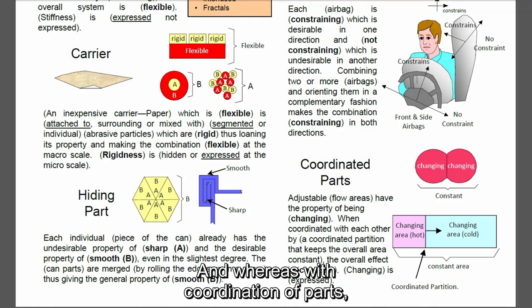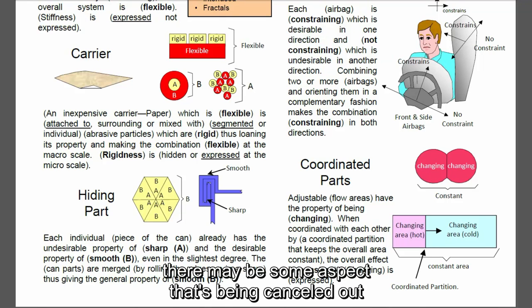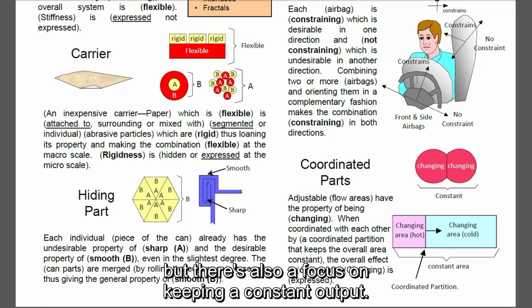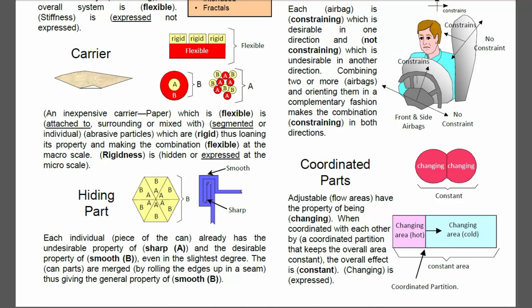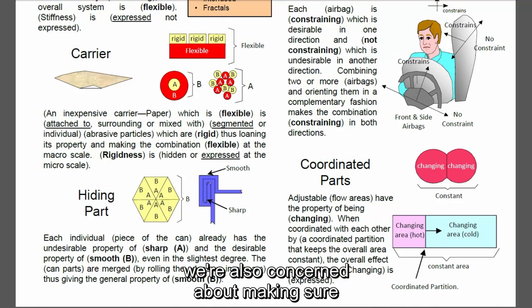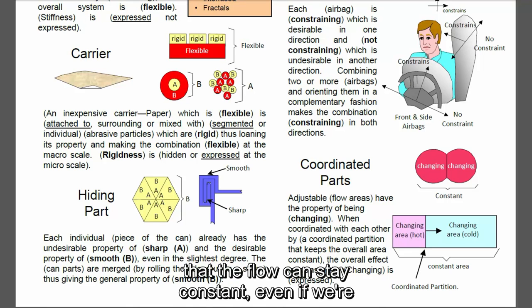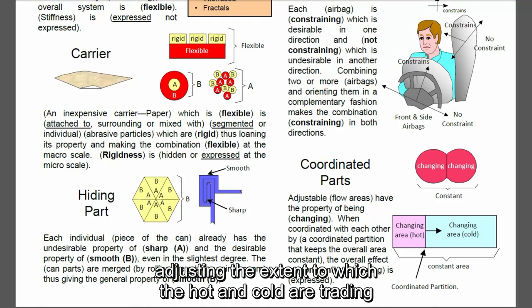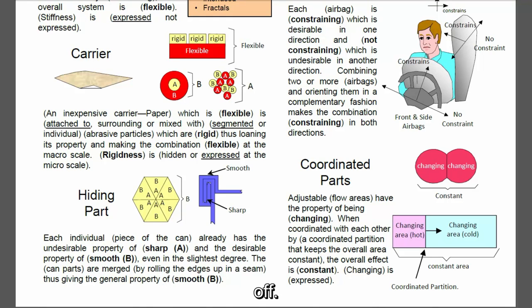Whereas with coordination of parts, there may be some aspect that's being canceled out, but there's also a focus on keeping a constant output. And so in this example with the faucet, we're also concerned about making sure that the flow can stay constant, even if we're adjusting the extent to which the hot and cold are trading off.